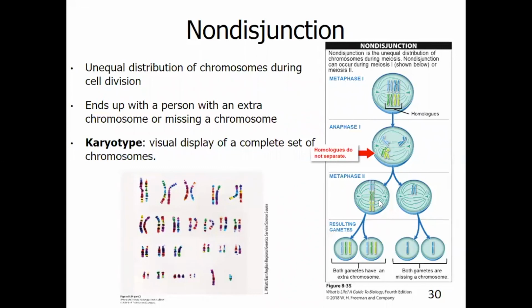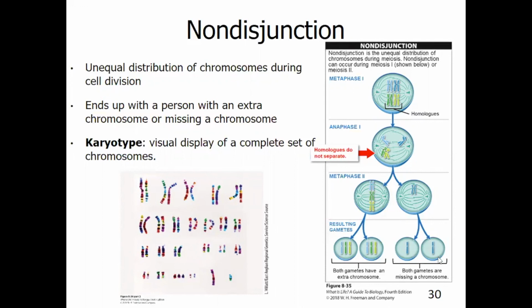When the cell goes through the second round of meiosis, or meiosis 2, we see that there are issues or errors in the resulting gametes. On the right-hand side, we see gametes containing one chromosome. So each of these gametes only have one blue chromosome.